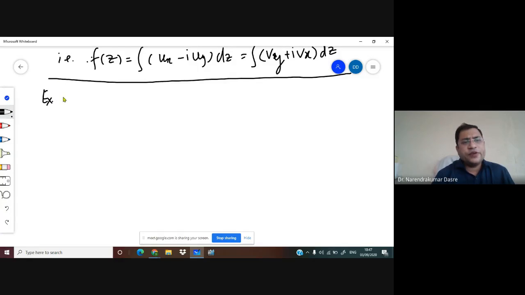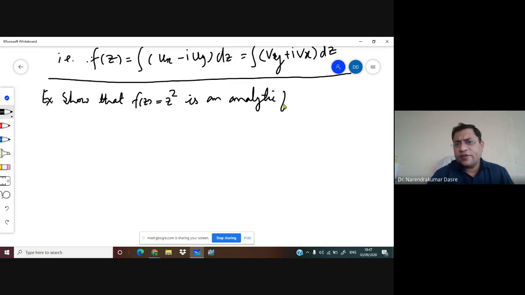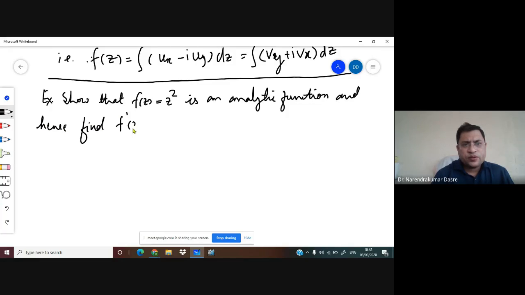We'll try the first question: show that f of z is equal to z square is an analytic function, and hence find f dash of z in terms of z.